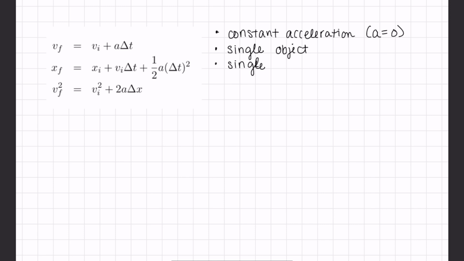So as in the 2D case, and as you start to learn 2D kinematics, which if you haven't gotten there yet, you'll get there soon. Everything that you're doing in 1D with these equations along either the x-axis or the y-axis, so either horizontal or vertical, you can have an object moving in x and y at the same time, and the motion in each of these dimensions would be described by this.